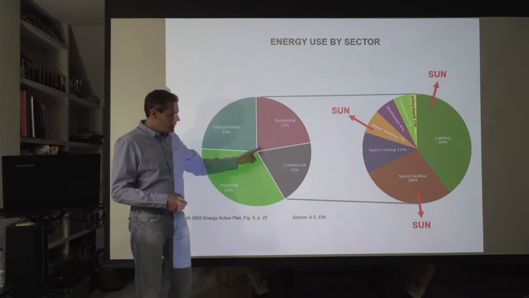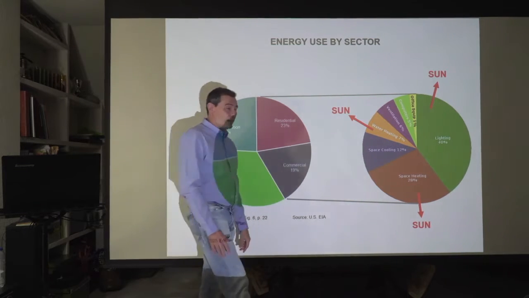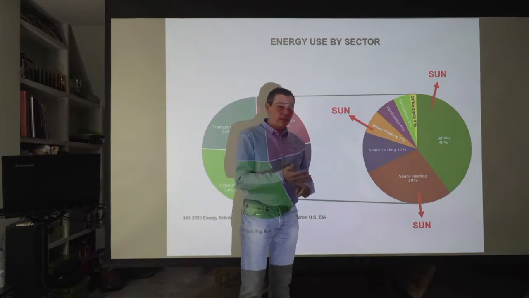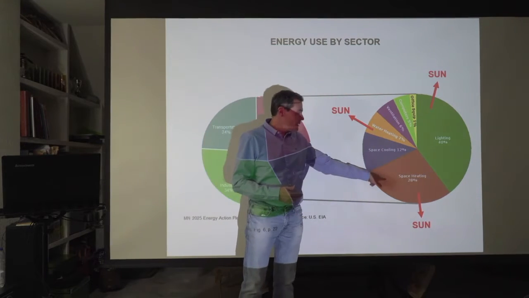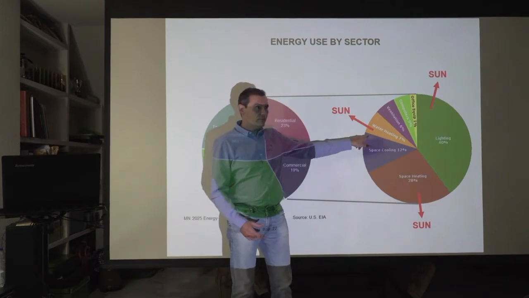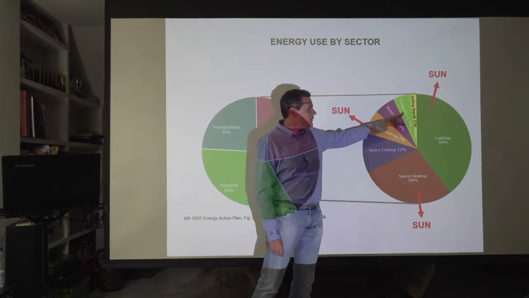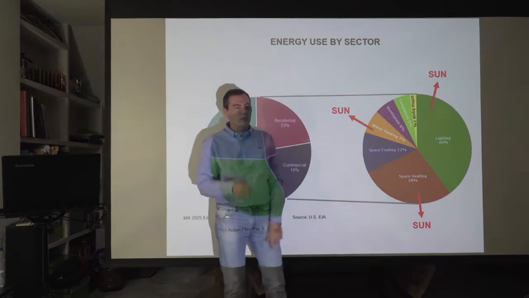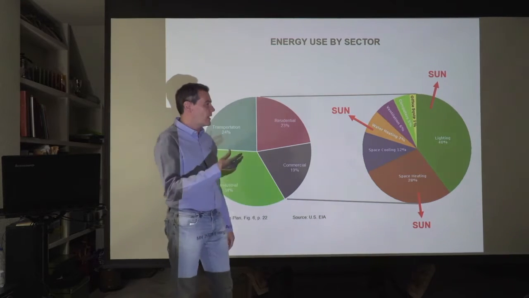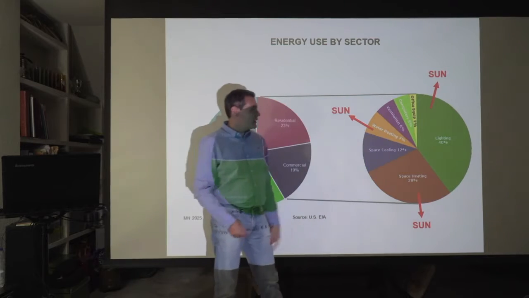If we look at the buildings, what do we need? We need artificial lighting. We need space heating. We need space cooling. We need to heat up water because we need hot water. We have ventilation, and we have equipment and devices, computers, TVs, everything that we can plug in, and everything that runs on electricity.